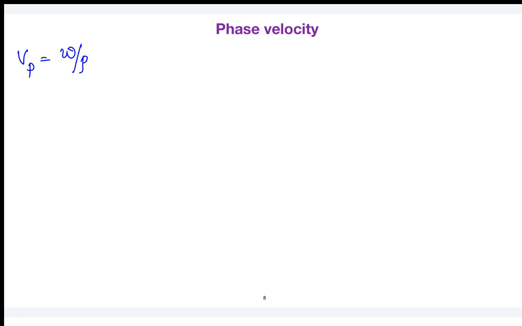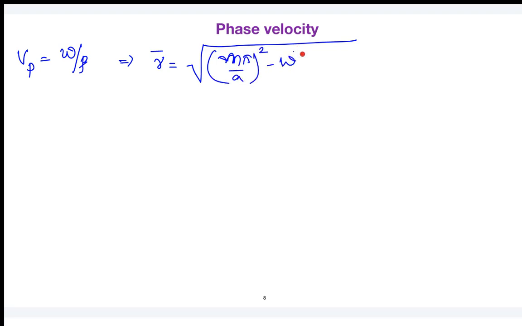Once again, if you look at the propagation constant, gamma is equal to root over (m pi by a) whole square minus omega square mu naught epsilon naught. What is your intended case? In order to have propagation, your omega square mu naught epsilon naught must be greater than (m pi by a) whole square.